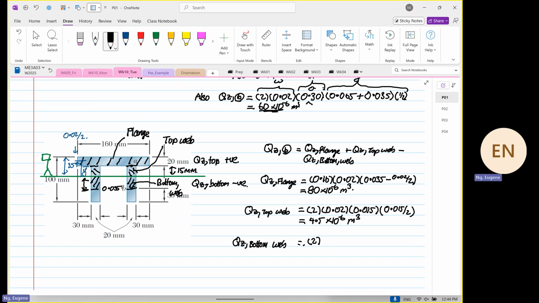The width is 0.02. The distance from the datum to the point of interest at point B is 0.035, multiplied by 0.035 divided by 2 again. So 0.035 times 0.035 divided by 2 times 2 times 0.02 is equal to 24.5.